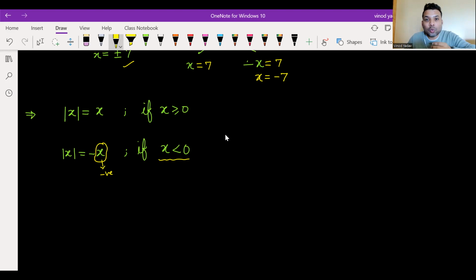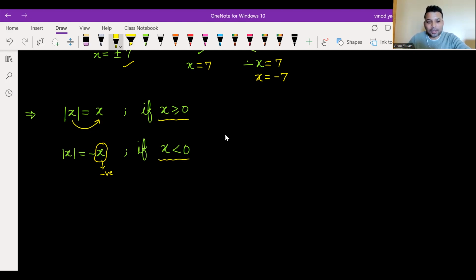Mod will have to negate the negative value. That is why the outcome shown will be positive. Mod won't have to do anything if the inside value is already not negative, so it will reproduce it as it is. But if the inside value is negative, it will have to negate that negative value, right? That is the job of this modulus function, the modulus machine.